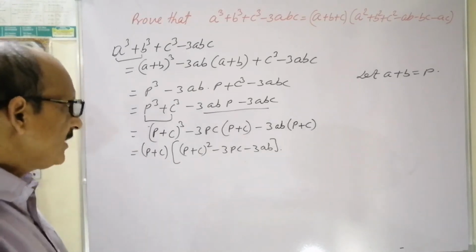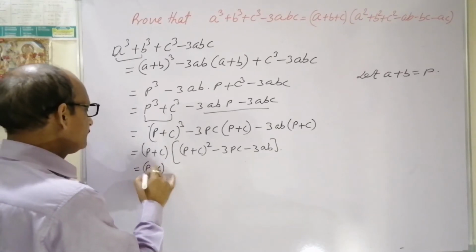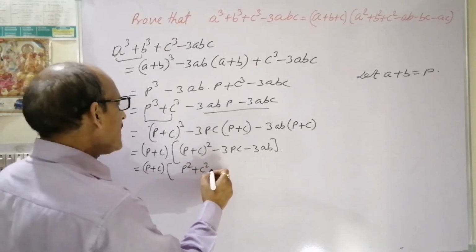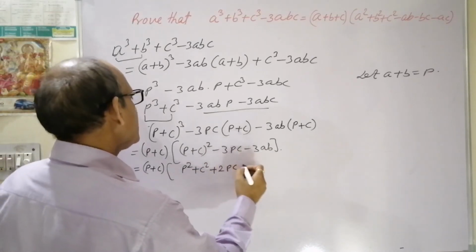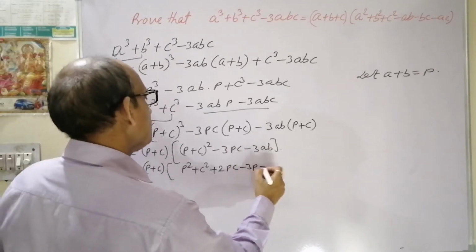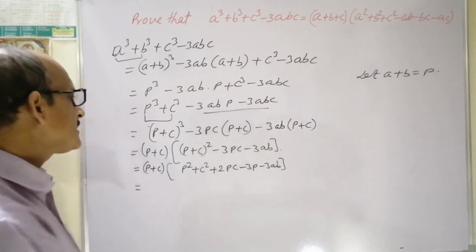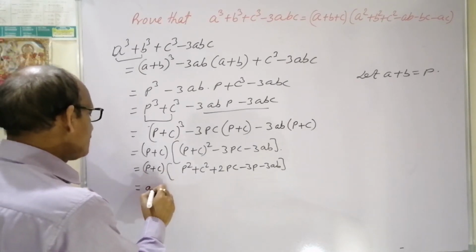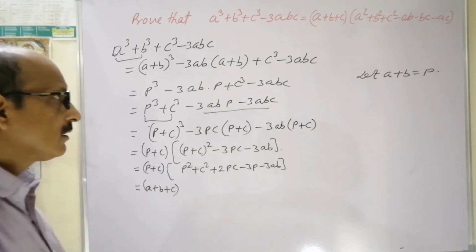By putting the value of p, one step more to be written: (p plus c) is (p square plus c square plus 2pc), hereby it is minus 3pc minus 3ab. P can be replaced with its value: p means a plus b. You had considered it, p is equal to a plus b.